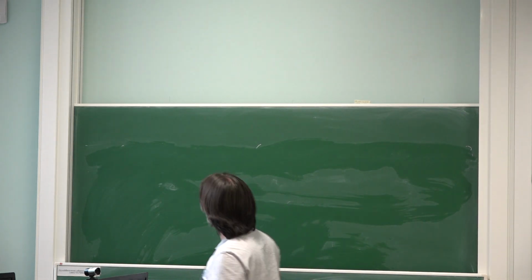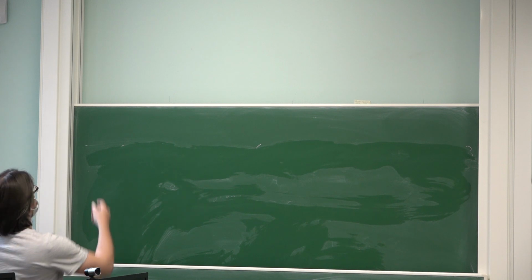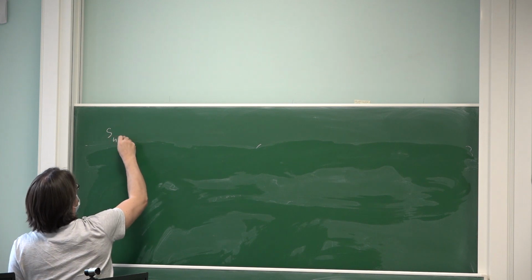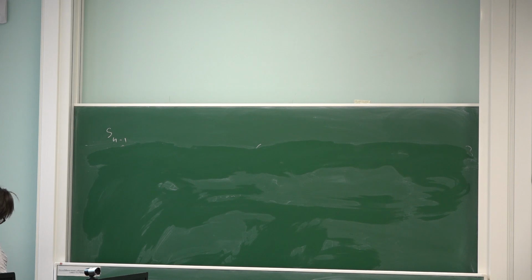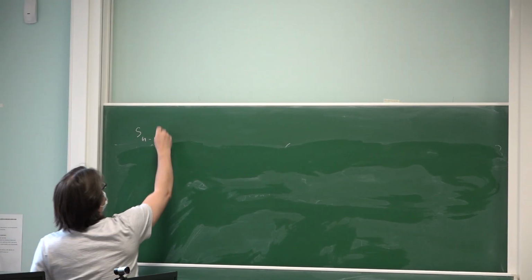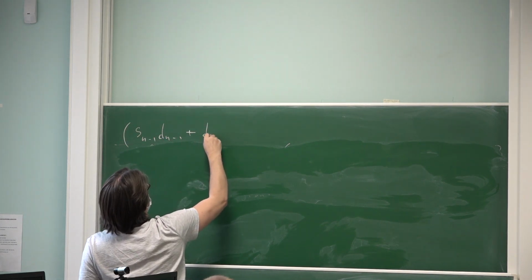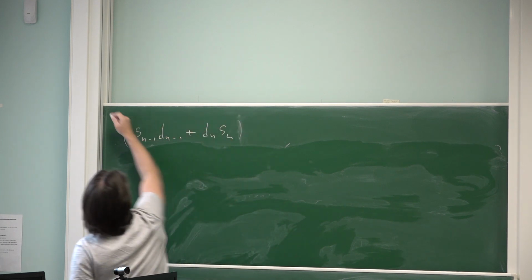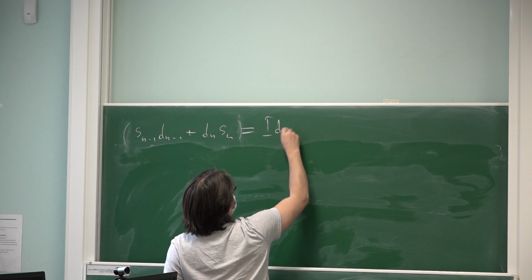And it is again not very difficult to continue this calculation and prove that s_{n-1} d_{n-1} plus d_n s_n is equal to the identity on B bar.